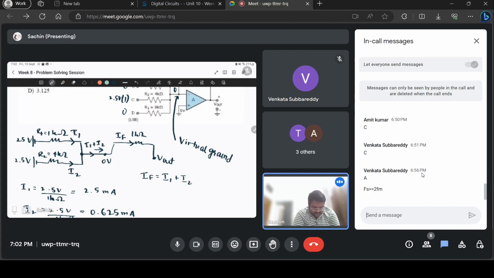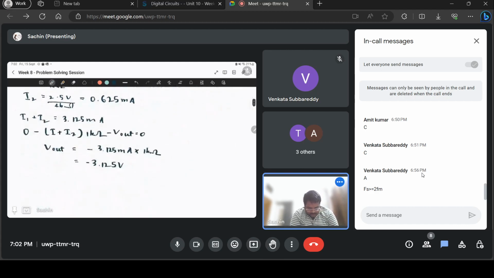And applying KCL here, you can say IF is equal to I1 plus I2.